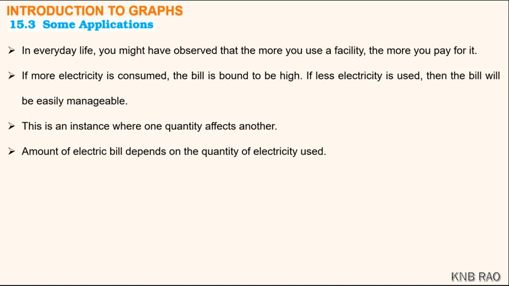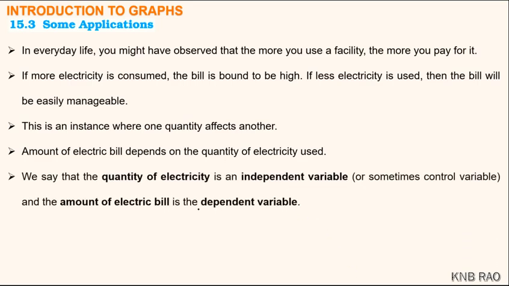Children, here I am going to introduce you to two important terminologies. One, independent variable. Two, dependent variable. For example, here the quantity of electricity that we use is an independent variable, but the amount of the electricity bill is a dependent variable.